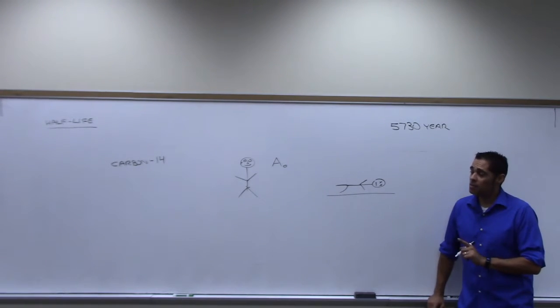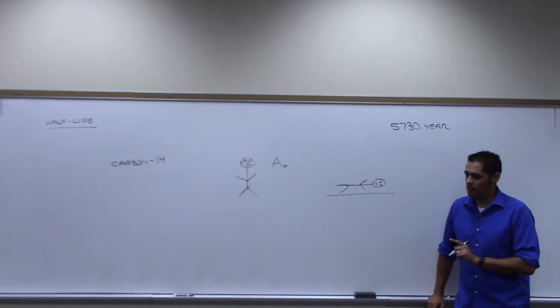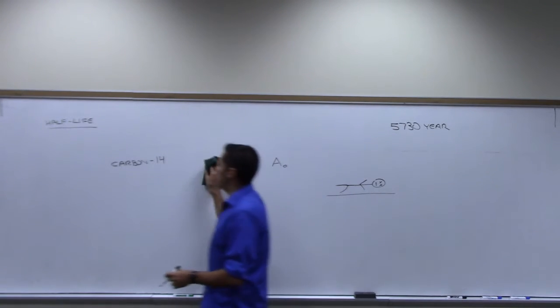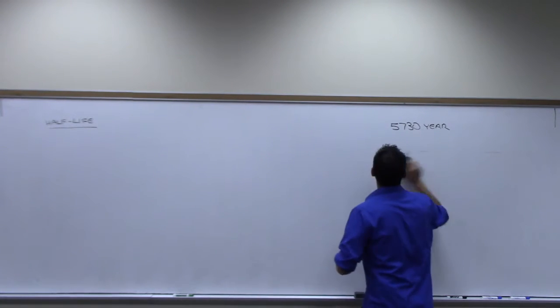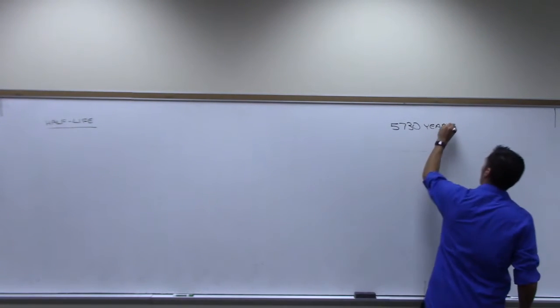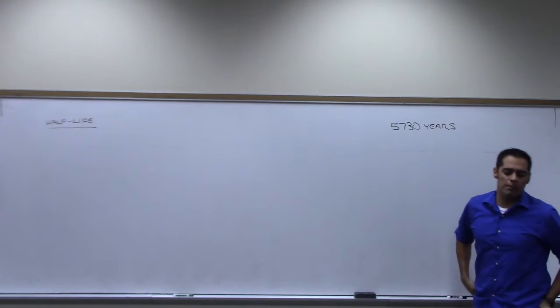Okay, so let's do an example of this, all right? I'm going to show you how this is. I'm going to keep that up there, years. This is the half-life of carbon-14.